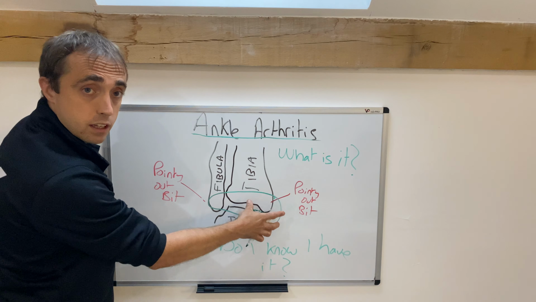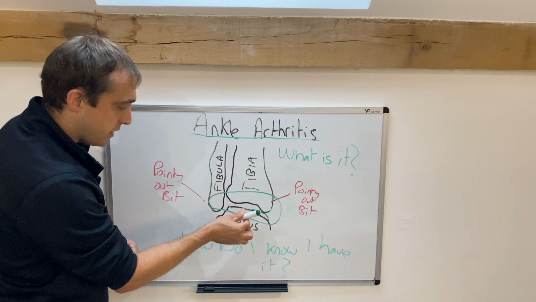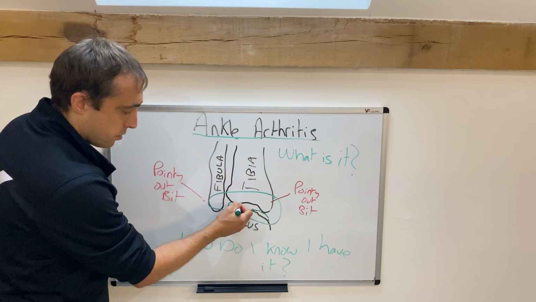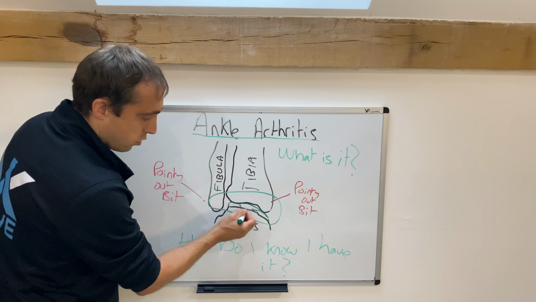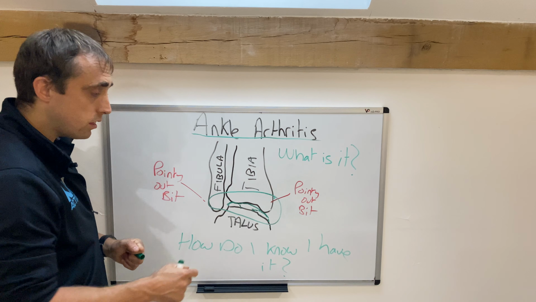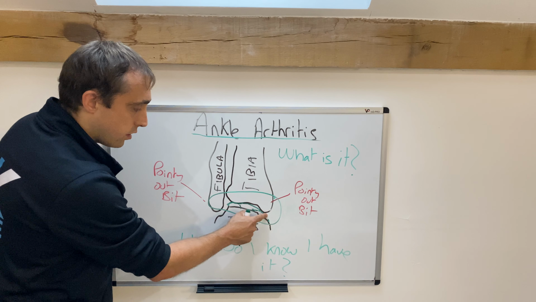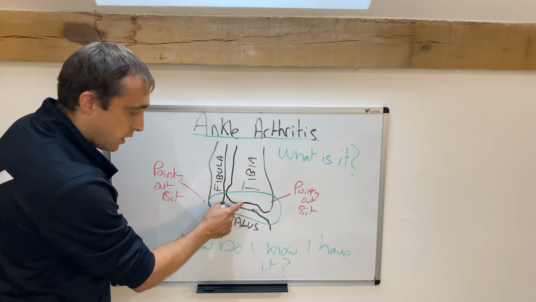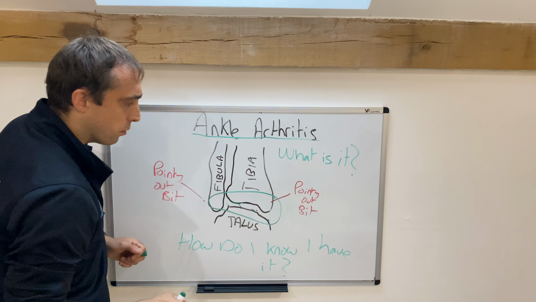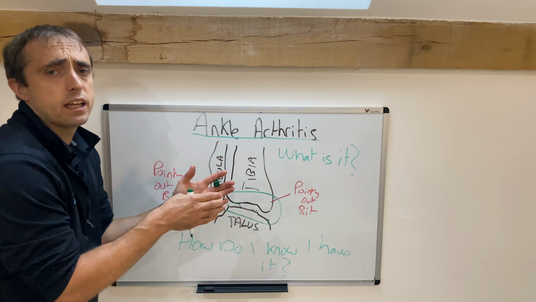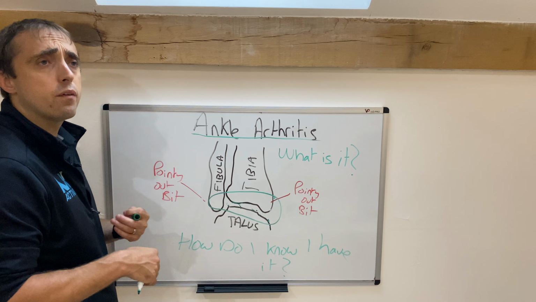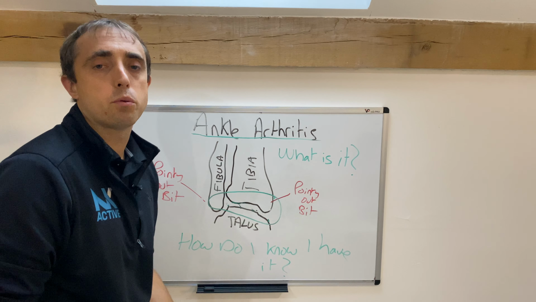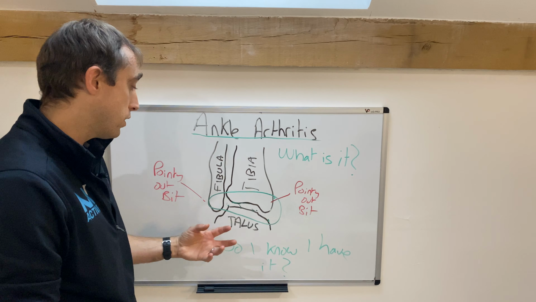It can happen on the inside, on the outside, or across the whole area. And sometimes it can be related to episodes of trauma. If we talk about how common ankle arthritis is on its own without any history of trauma, it's not as common as, say, big toe arthritis or arthritis in the middle of the foot.